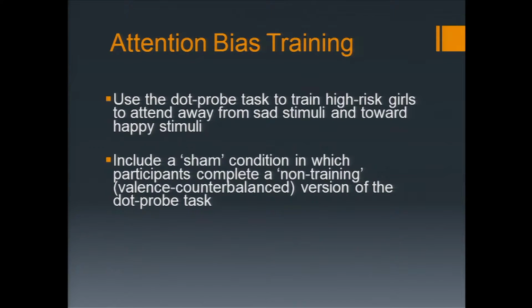We recruited a new sample, exactly the same, daughters with a mother with clinical recurrent depression and daughters without a family history. We're training half of them to attend away from sad faces, and I'll show you how we do that, and towards happy faces. We have another group, half of them 25, in which it's a sham control condition.